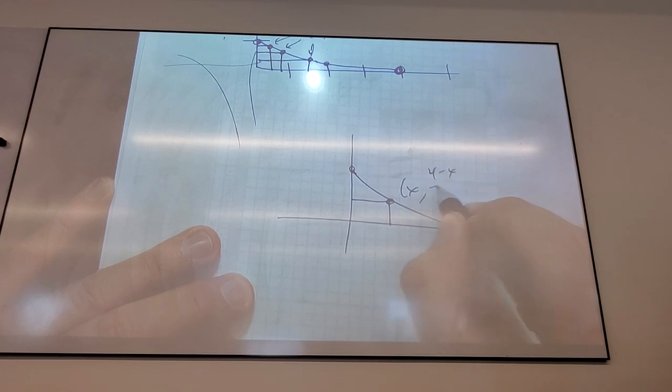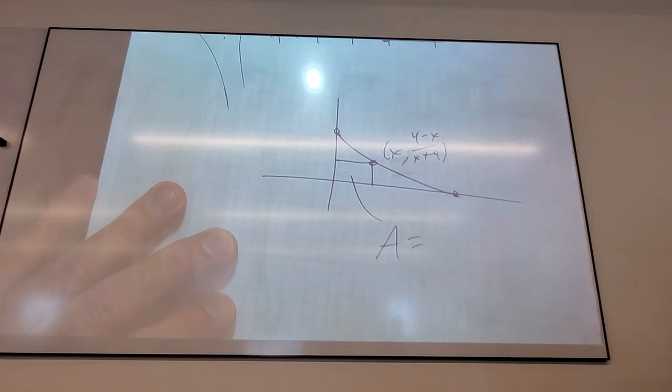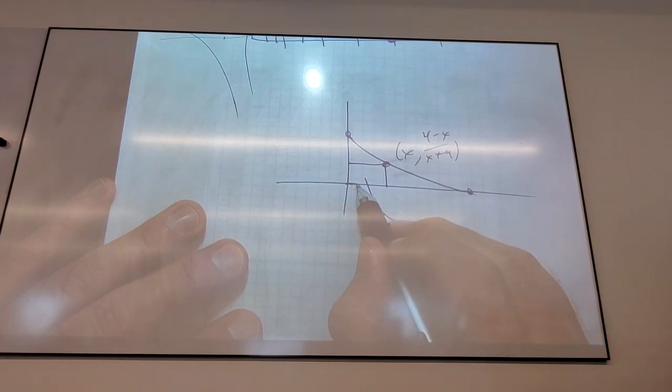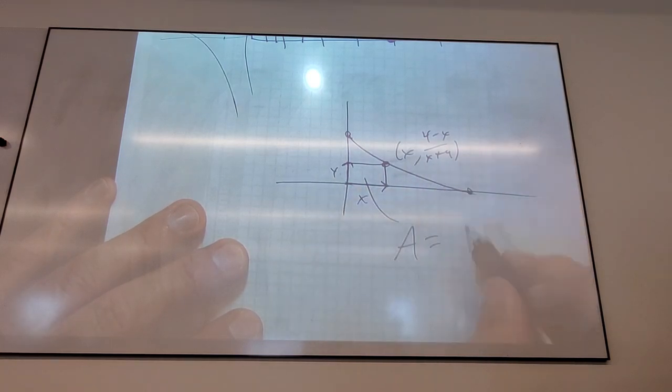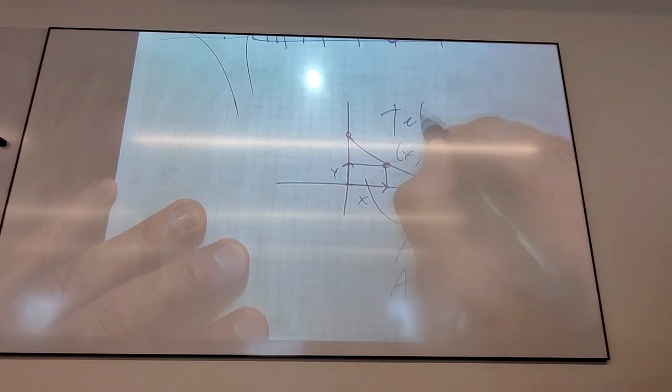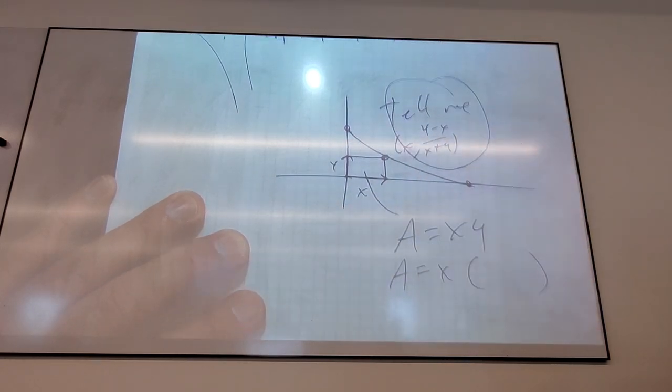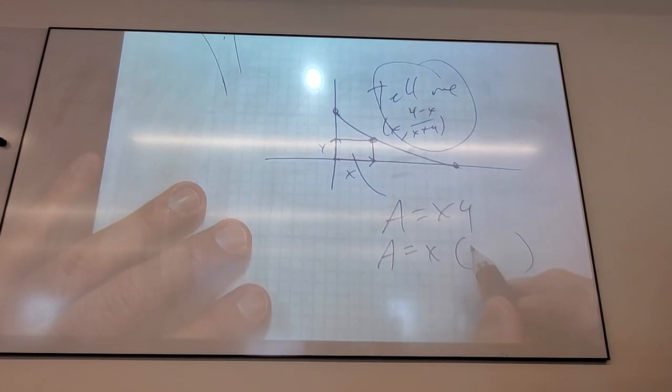For this one, it would be this. So now I'm focused on what's the area of this. How far is this? X. And how far is this? Y. So my area is X times Y. But what do I know? I can replace Y with (4 minus X) over X.